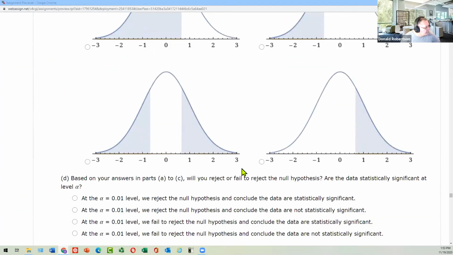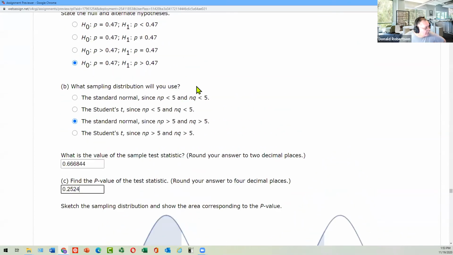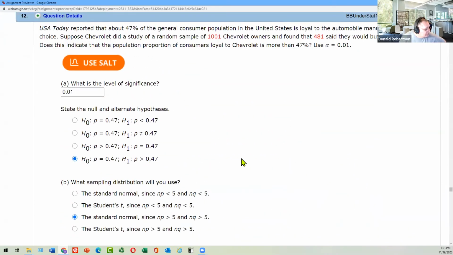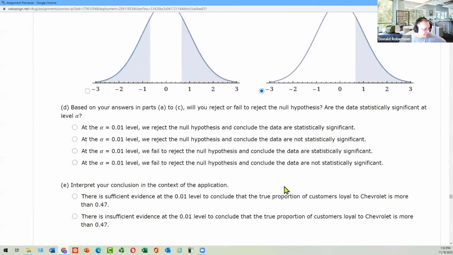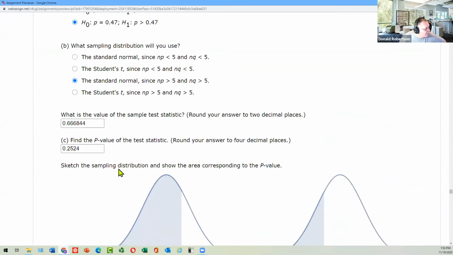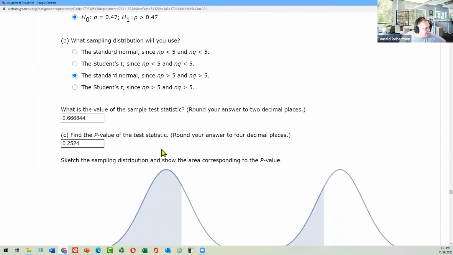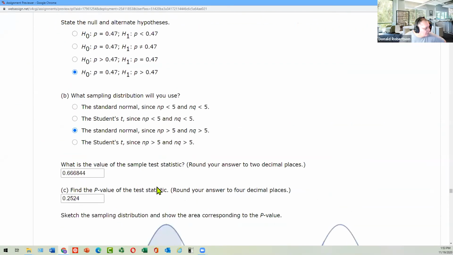So go over here. That was the Z-score, 0.2524. We're looking at a greater than 47, and the answer is that picture, but it is not significant. The number is too big. It needs to be less than that number to work.